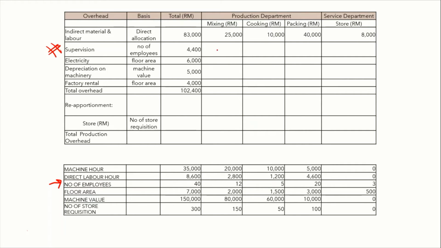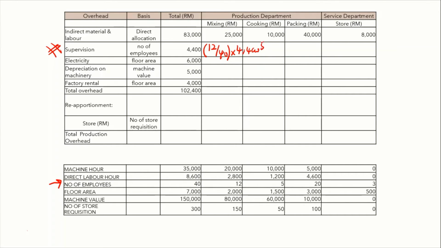For mixing, you can see that mixing is based on number of employees. So go here, number of mixing is 12. So mixing only applies 12 over 40 of the basis, and you times it with the total amount, 4,400. The same with cooking.